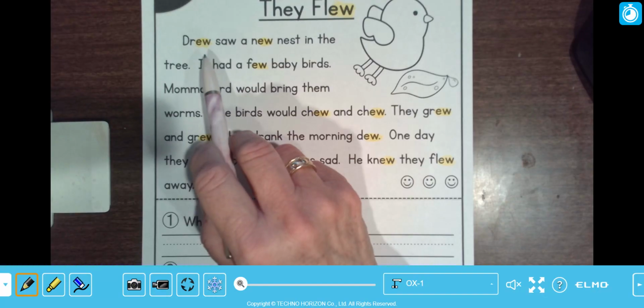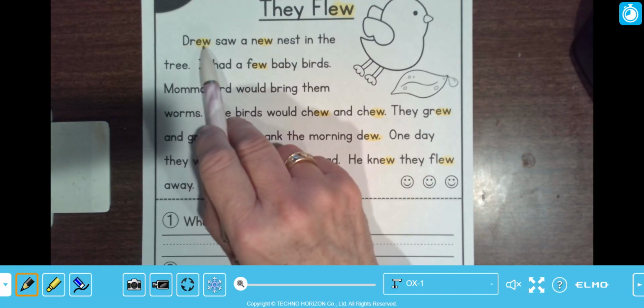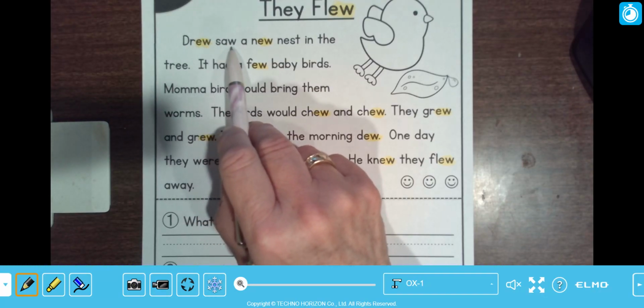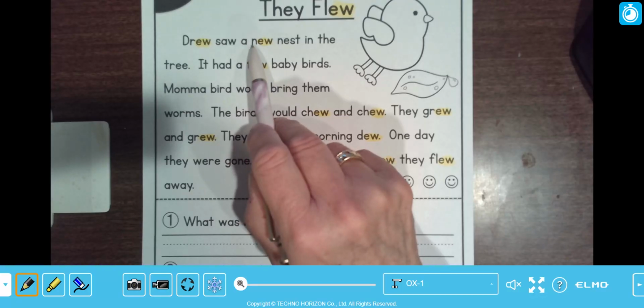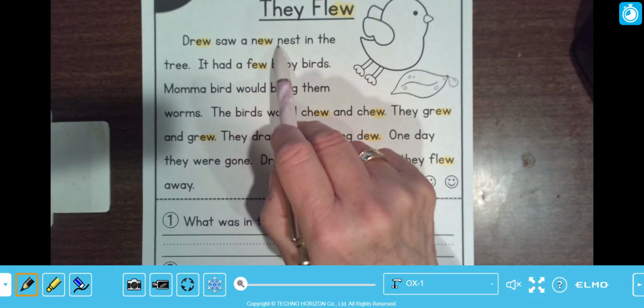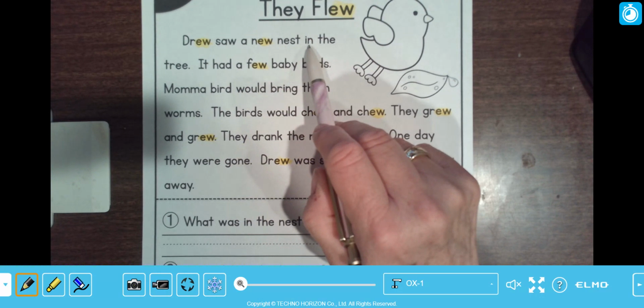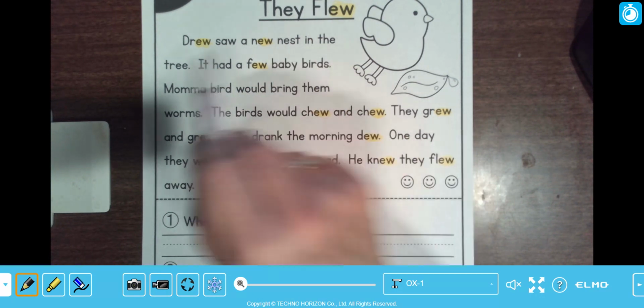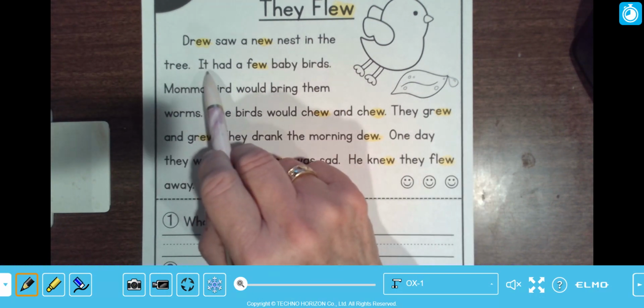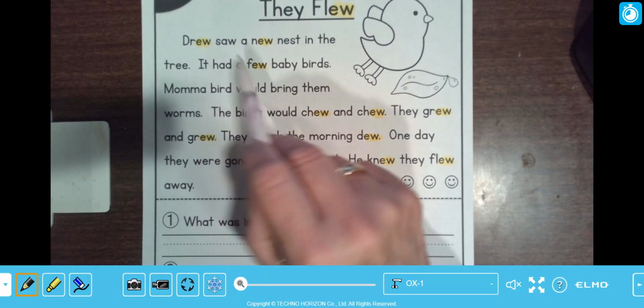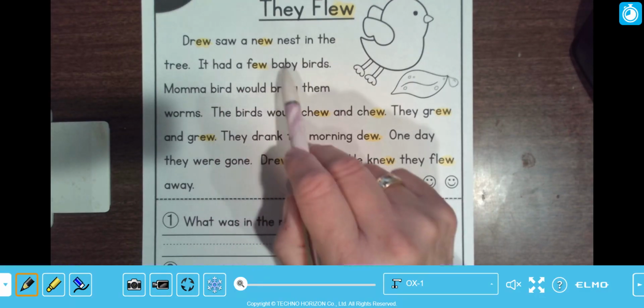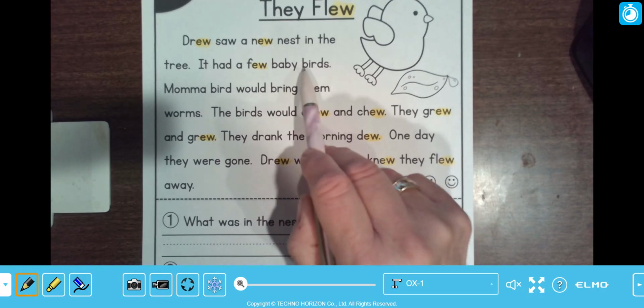Ready? Begin. Drew saw a new nest in the tree. It had a few baby birds.